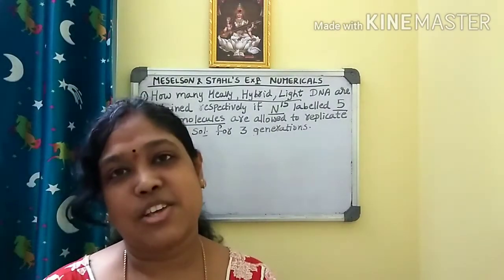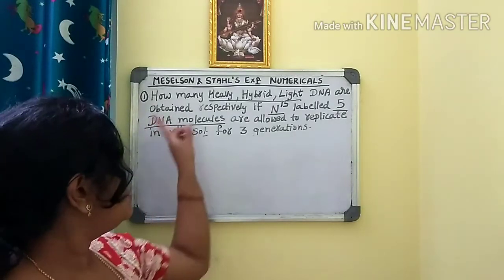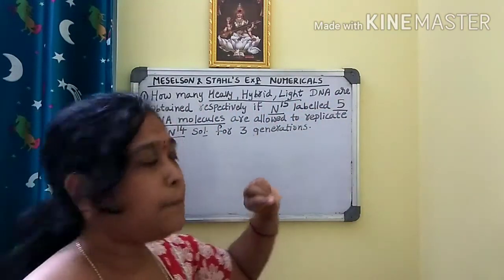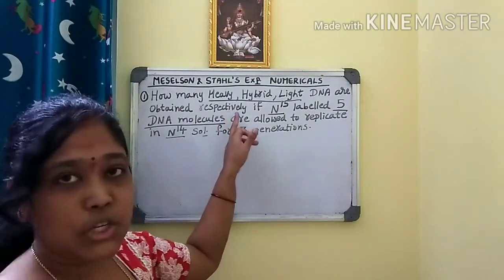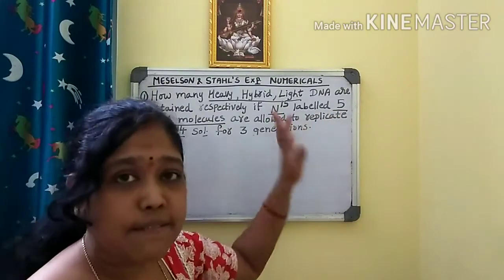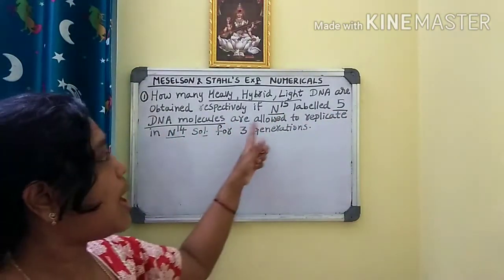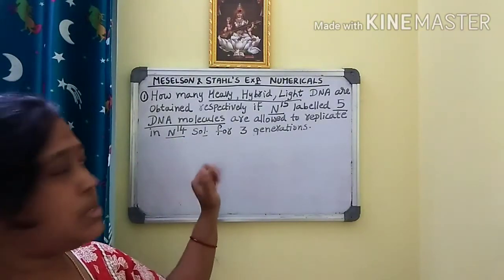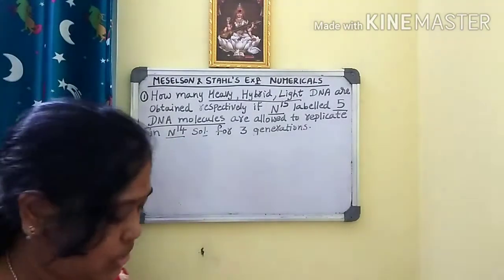Let us see this question. Here you can see: how many heavy, hybrid, light DNA are obtained respectively if N15 labeled 5 DNA molecules are allowed to replicate in N14 solution for 3 generations.